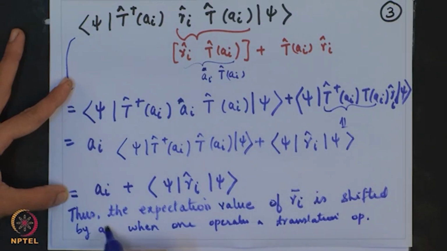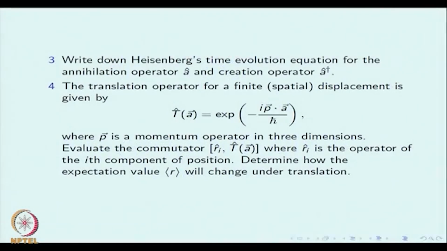Okay. So, there is a shift by amount A_i. Okay. So, this is the fourth problem we did.